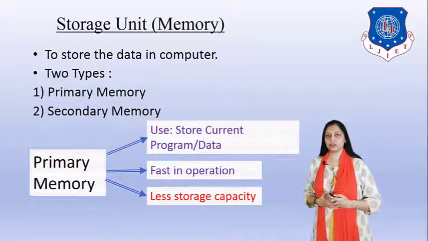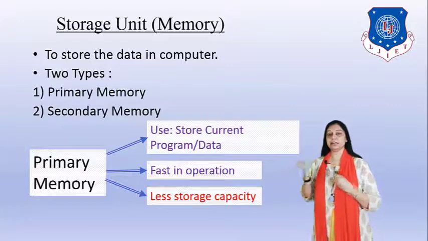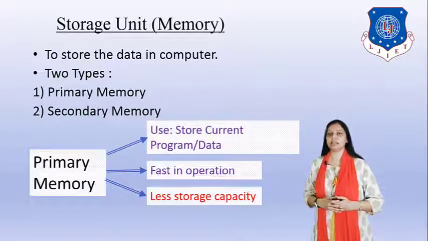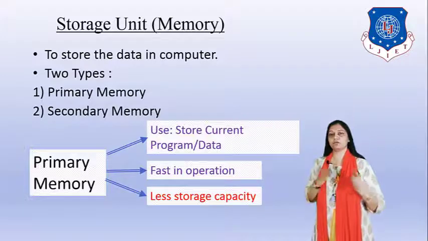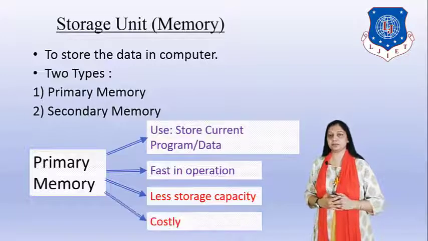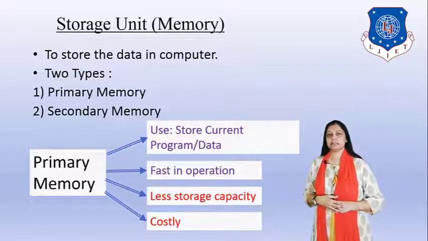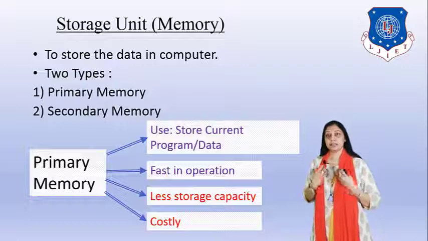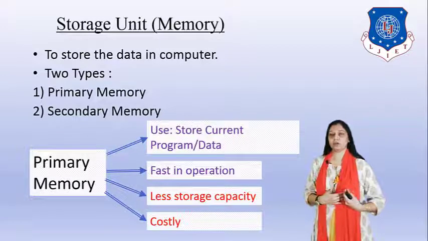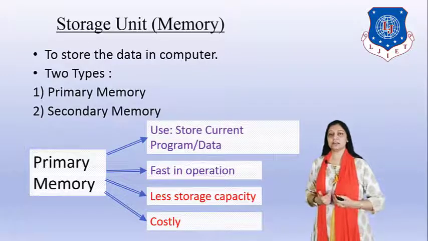Though it's fast, it can store a very limited amount of data, because of which the secondary memory came into the picture. Other than that, primary memory is also very costly. Because of these two limitations, the secondary memory came into the picture.